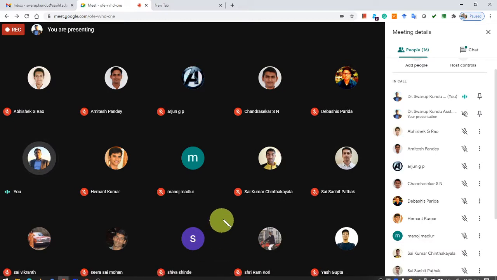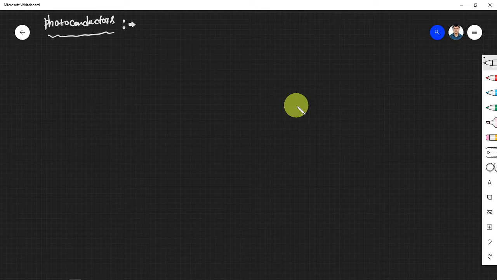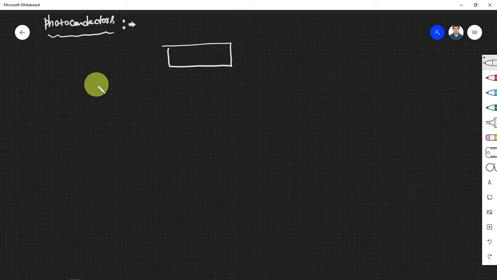So for photoconductors, there is no PN junction in this type. If you look at the construction of an LDR or a similar type of device, it's a semiconductor material. Let me draw a simple photoconductor device structure. It's usually a semiconductor material, and we just have two contacts, one here and one on the other side.